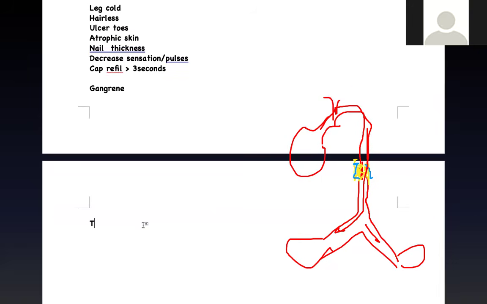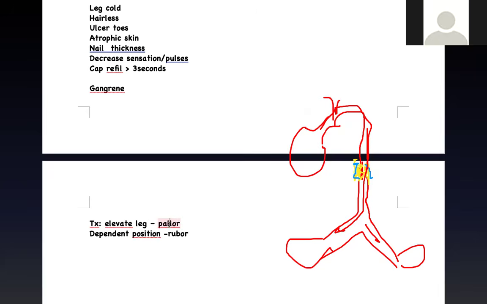Then, what is the teaching? Well, blood flows in the dependent position. If they elevate their leg, the leg will become pale, white. But if they put it in a dependent position, it becomes red.